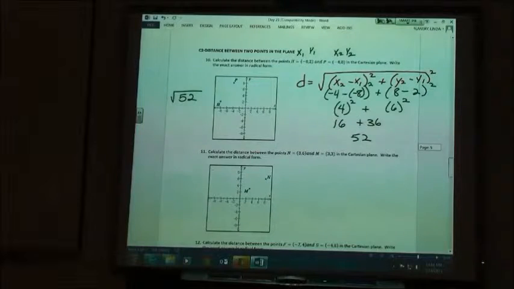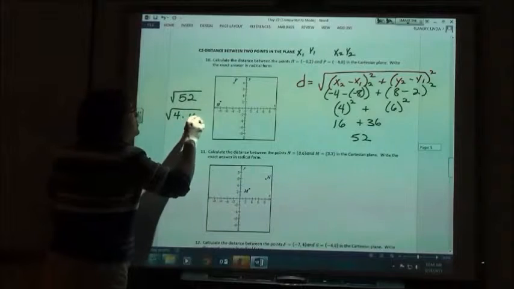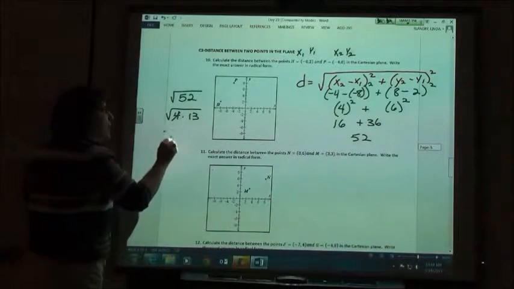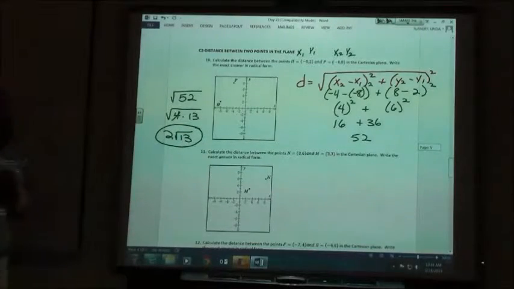Nope. How about 4? 4 and 13 then. So that's 4 times 13, so we can simplify. The square root of 4 is 2, so I get 2 square root of 13 for my answer in simplified form.